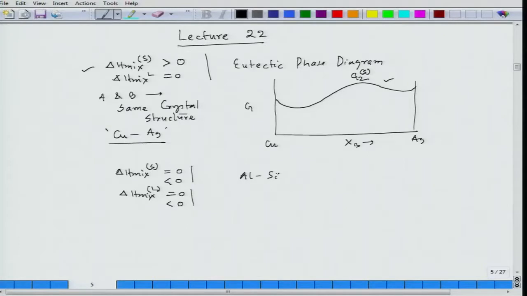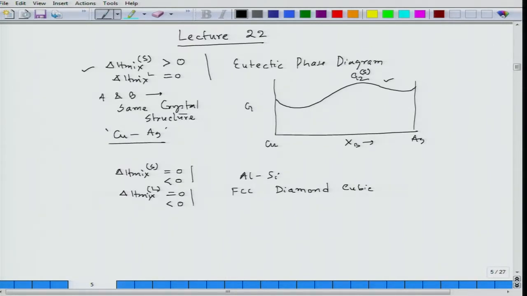For example, in the case of aluminum silicon, aluminum is FCC, but silicon has a diamond cubic crystal structure.